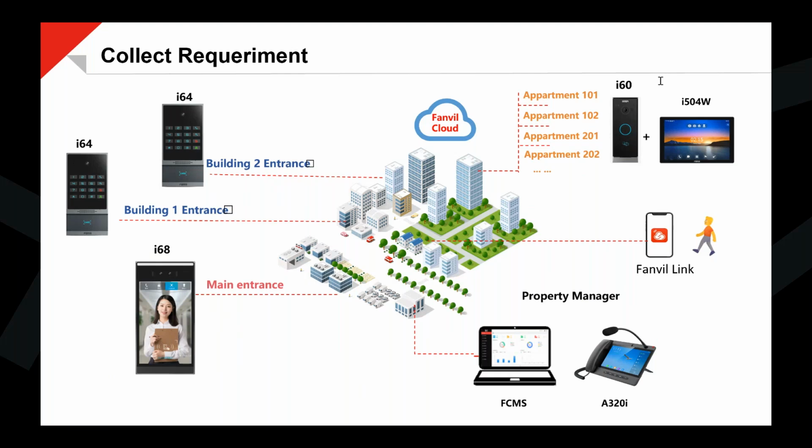For the first question, can a door phone be set up on FCMS as well as registered to a 3.6 system? Yes. So the question for everybody else: can an intercom be set up on FCMS as well as registered to a 3.6 system at the same time? This is a good question.